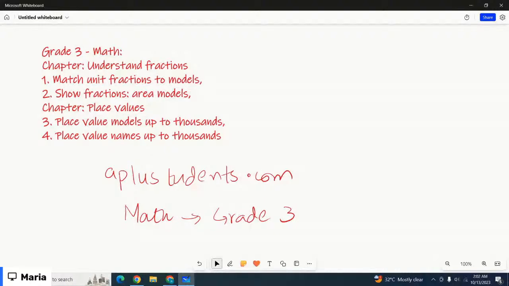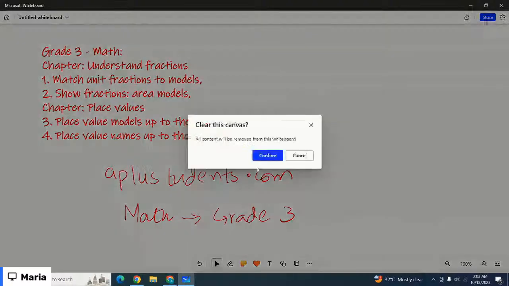So let's just start with the chapter understand fractions. So what do you know about the fractions? Okay, so first we're going to start with chapter understand fractions. So what is a fraction?